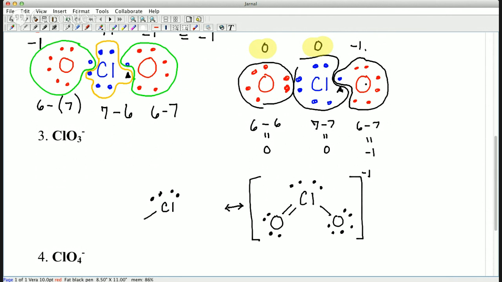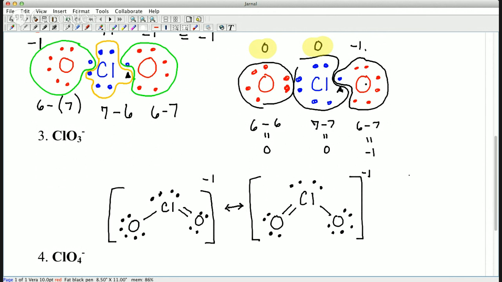So I'm going to draw another structure with an O. Make sure you have the right number of dots. That would be 6, right? A single bonded O is going to have 6, and a double bonded O now has 2. So we draw brackets, and we draw charges, and this is the complete Lewis dot diagram of the chlorite ion.